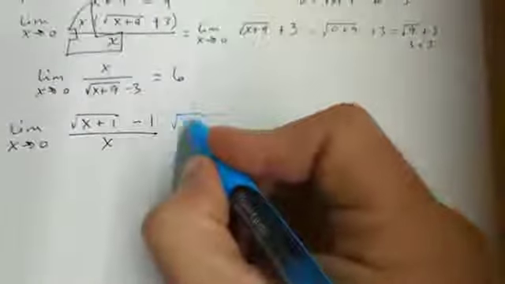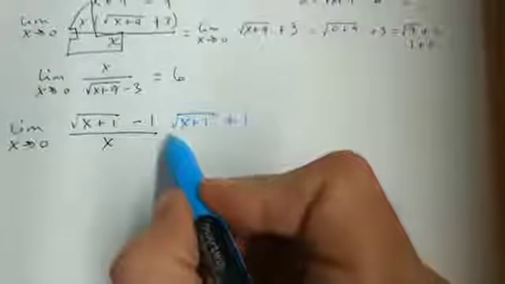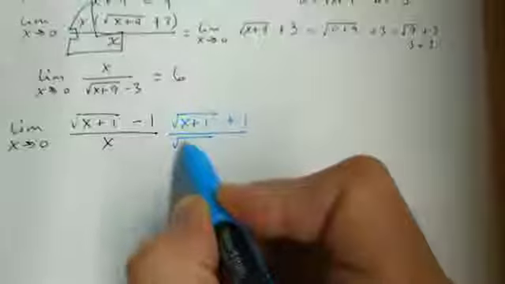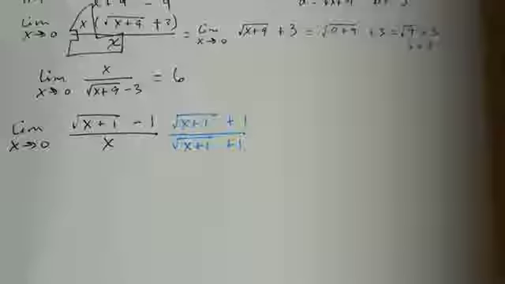So we will multiply by the conjugate of our numerator, which is the square root of x plus 1 divided by the square root of x plus 1 plus 1.